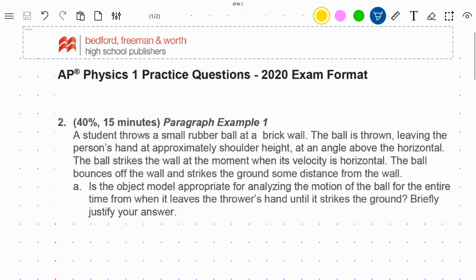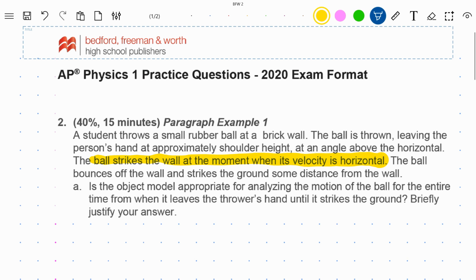So immediately you're thinking, hopefully, projectile motion. It's a ball that has just been thrown. Fine. The ball strikes the wall at the moment when its velocity is horizontal. That's an important detail that I think we're going to have to make use of later. Of course, that tells me that the ball was rising, but its velocity will be horizontal only at that moment that it's at the highest point.